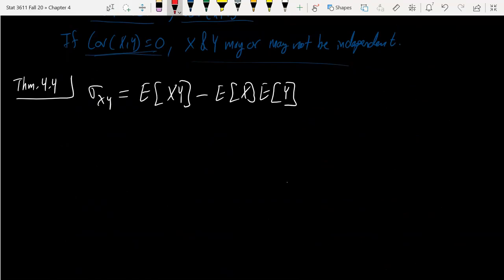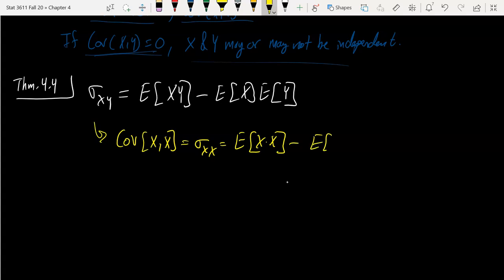Also, check this out. This might be a little weird. What would the covariance of x with itself be? Well, that would be the expected value, according to this, of x times x minus the expected value of x times the expected value of x. This is the expected value of the square of x minus the mean times the mean, that's mu squared.